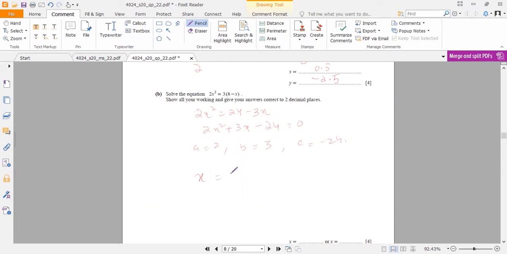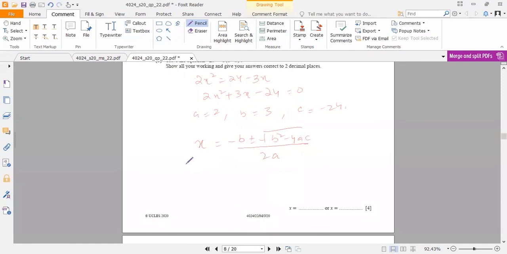As we know, the formula is minus B plus or minus root of B squared minus 4AC, divided by 2A. So we need to put the values over here. X is equal to minus B plus or minus root of 3 squared minus 4 times 2 times minus 24, upon 2A. Sorry, the value of A is 2.